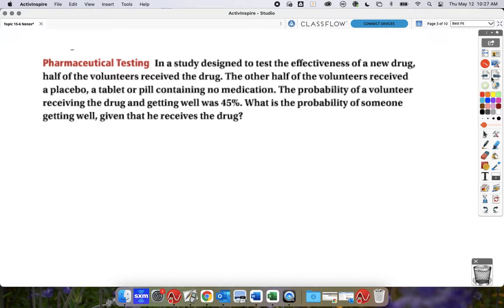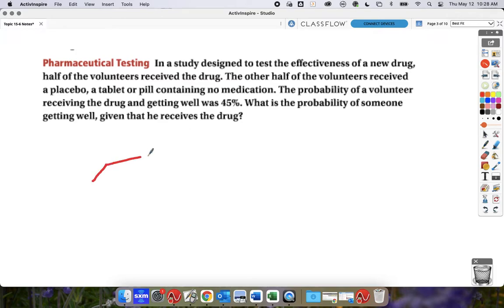Let me read it again, or maybe write some stuff down. What would we write down that would help us make this make sense? Well, the first thing says, in a study to test the effectiveness of a drug, half the people got the drug, half the people didn't. So we can draw these tree diagrams.